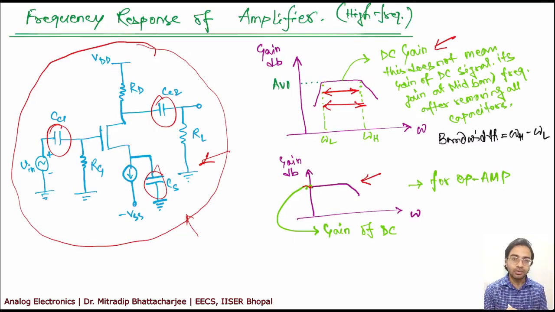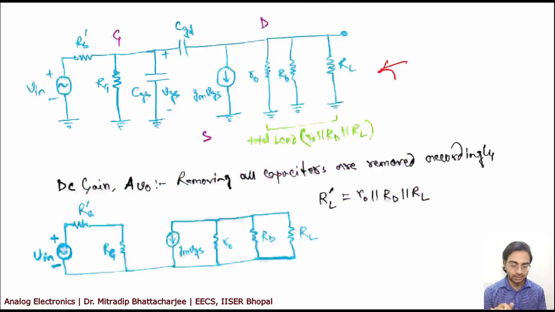In this DC gain, we remove the capacitors associated with it. Anyway, we remove these capacitors because for AC we consider them a short circuit, but there are capacitances inside the MOSFET as well. So for the DC gain, we remove the effect of those capacitors as well.